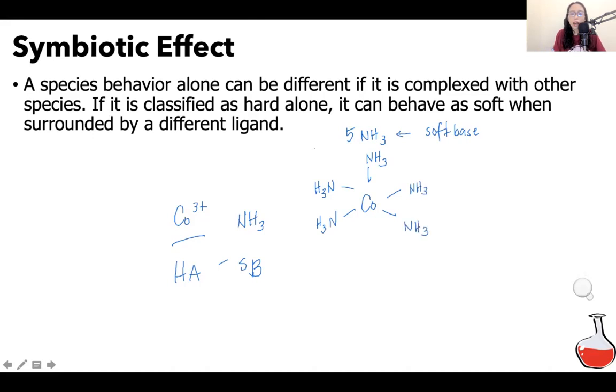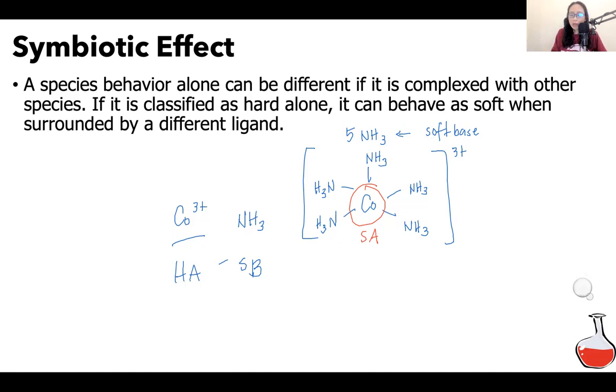Once you have this, cobalt here now acts as a soft acid. So the formation of 5 coordinate covalent bonds and producing this adduct somehow softened the character of your cobalt 3 ion. So there was a softening effect.